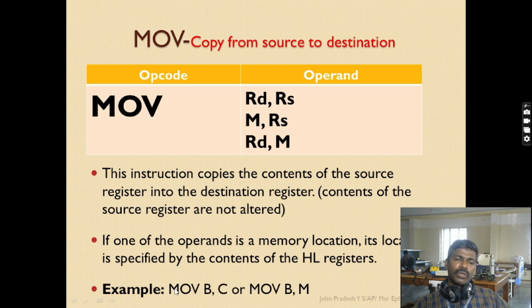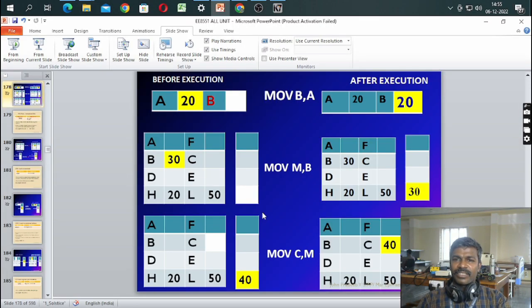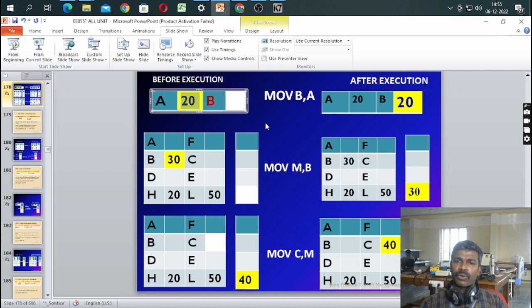For example, MOV B, C means the C register content is moved to the B register, and the C content is not modified. Or MOV B, M: the M content is present in the memory, the address is taken from the HL register, and it is moved to the B register. This is the example of MOV B, A. Before execution, A has 20 as data.